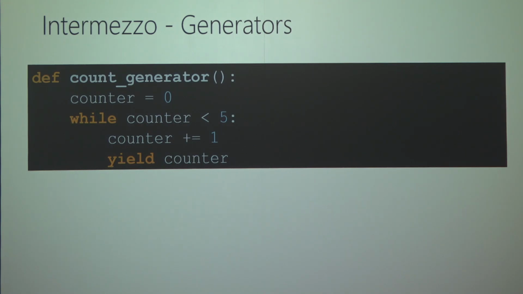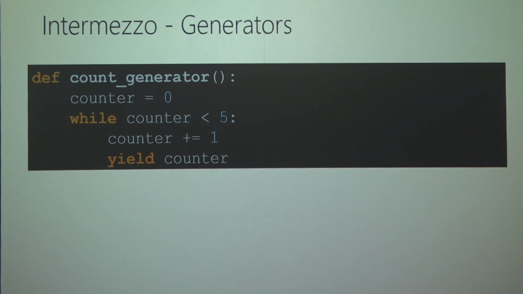But one of the advantages, for example, of this is that in case of counting, you don't actually need to keep it in memory. Because it only depends on the previous element, we can just store the last element and keep giving the next one. And this yield statement is kind of like a return statement, but it just returns the next element every time. So when you ask for the next element, it will keep processing until it sees yield, and then it yields the result back, and then it waits until the next one.